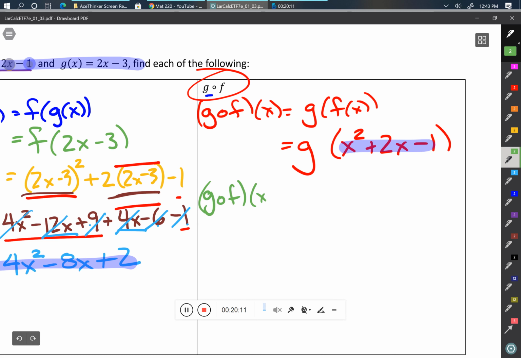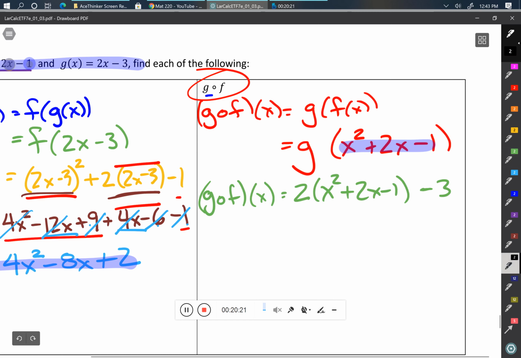So g of f of x is going to be 2 times x squared plus 2x minus 1, and then minus 3. Distributing, 2x squared plus 4x minus 2 minus 3. Gathering like terms.